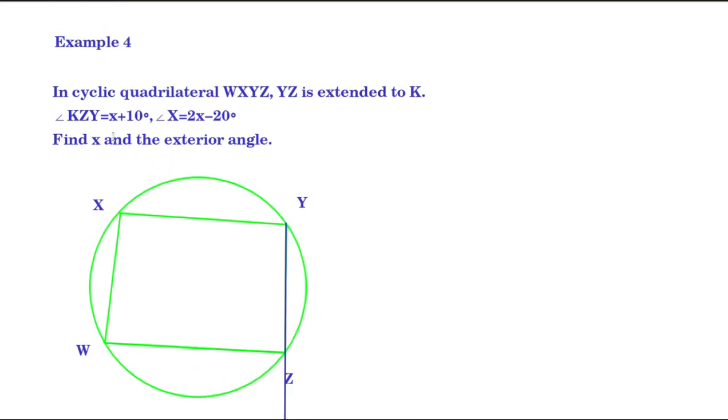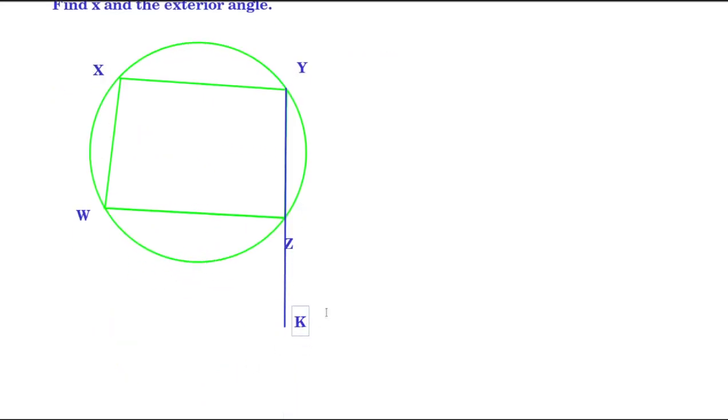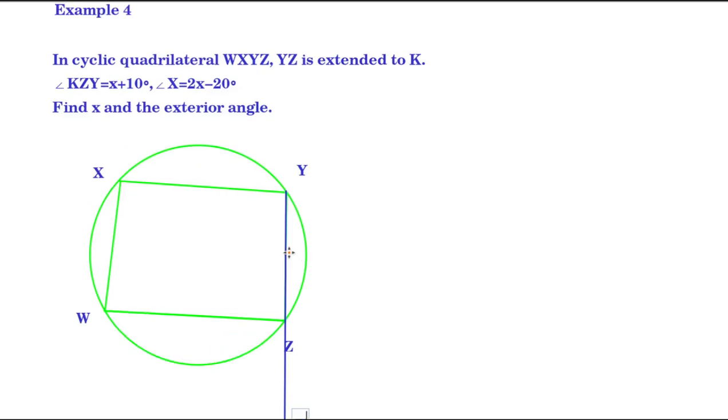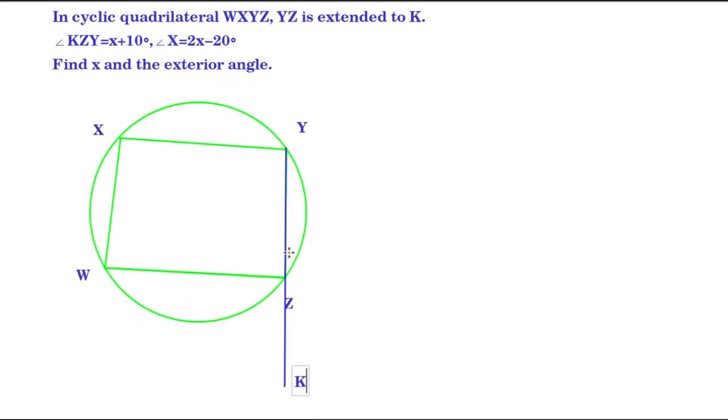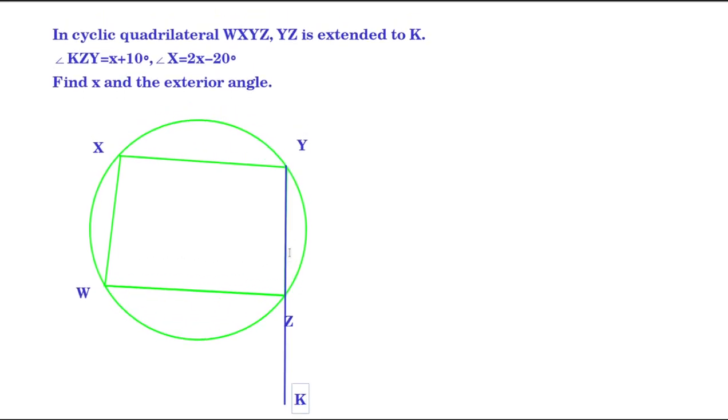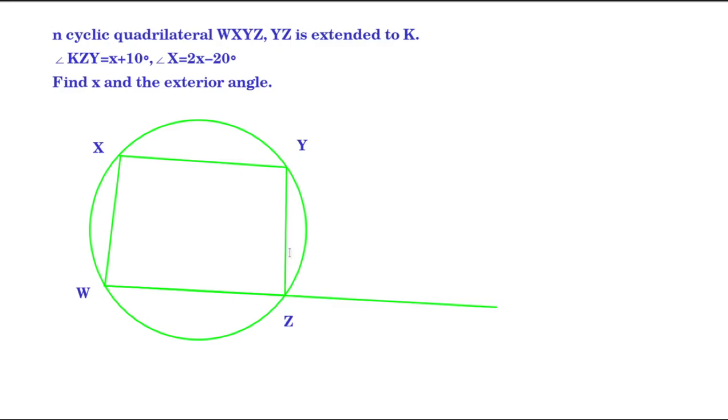Now what was the question? Then KZY, now KZY is a straight line, which means I've made an error here. So K like this.